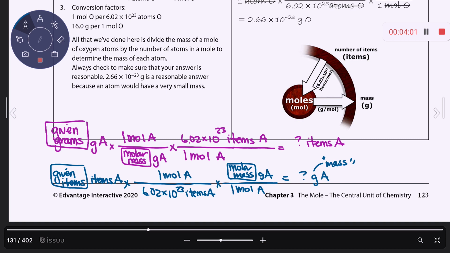You might see kilograms given, so you'd convert kilograms to grams, or kilograms as something you're solving for, so you go grams to kilograms. Once you get that written down, we'll take a look at the practice problems, and then I only have one more thing to teach you in this section, and then we're done with 3.3.